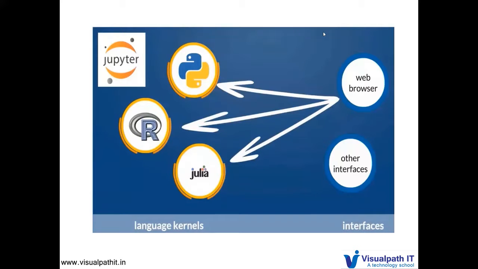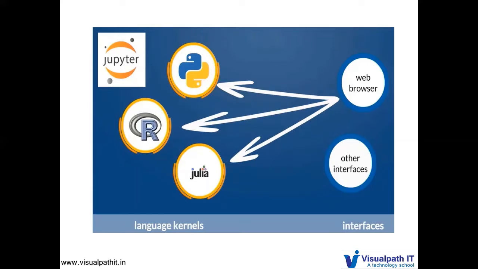Let's look at the following graph. On the left side, we have several language kernels. For example, Python, R, Julia. Now, these are softwares which are supposed to read and execute code in a particular programming language.